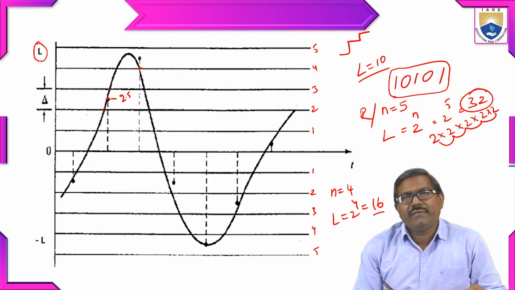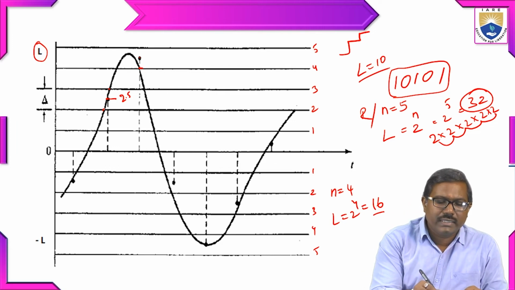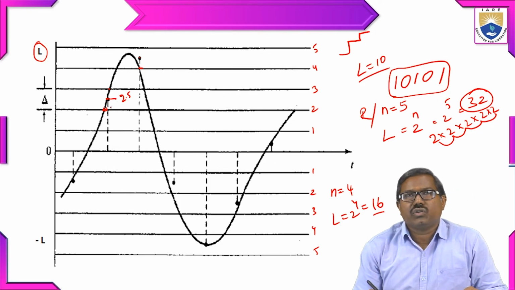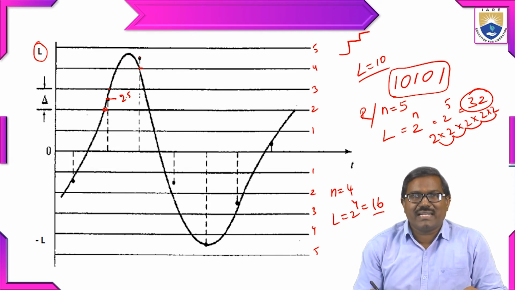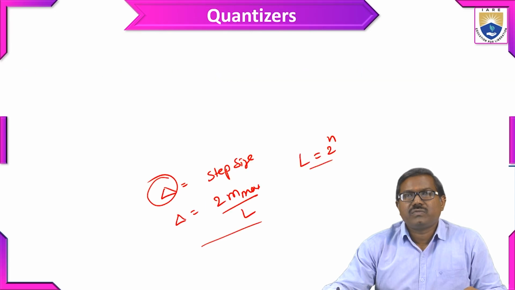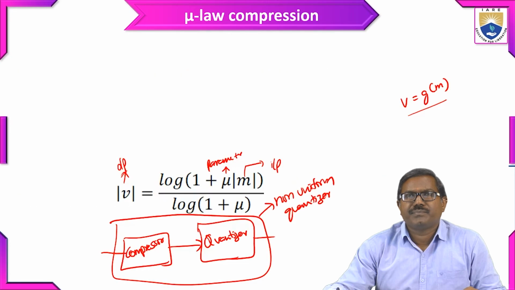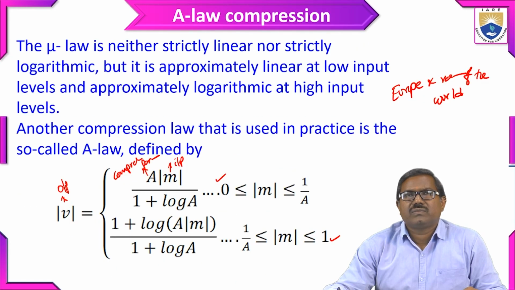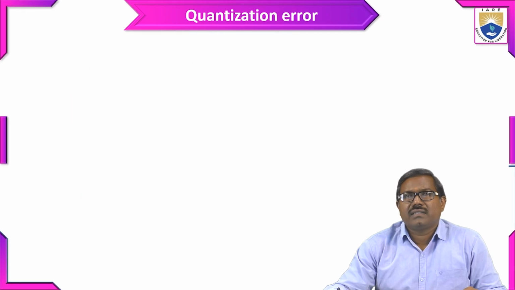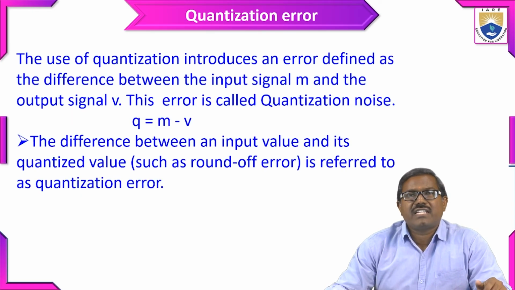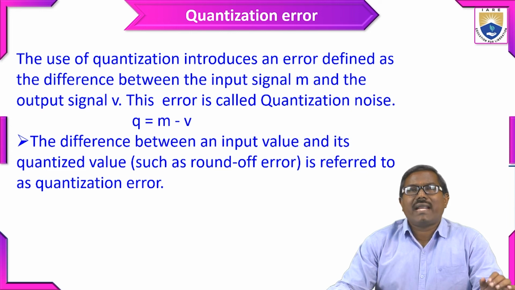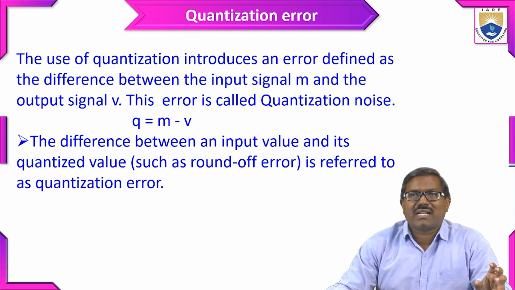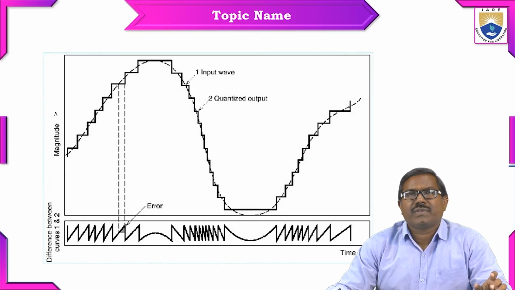But actually what I have is 2.5. So here there is a difference. That difference is called quantization error, the difference between an input value and its quantized value, or round off error.